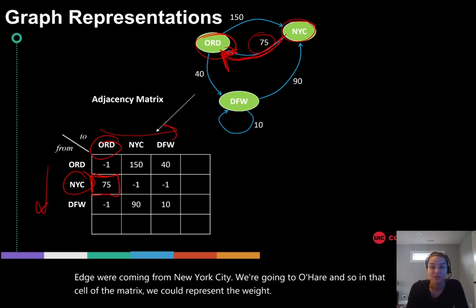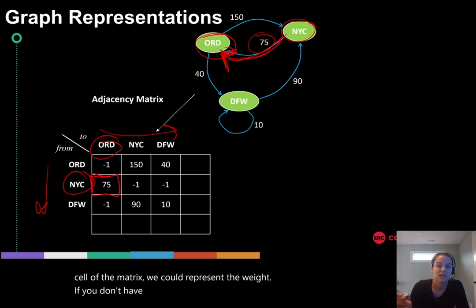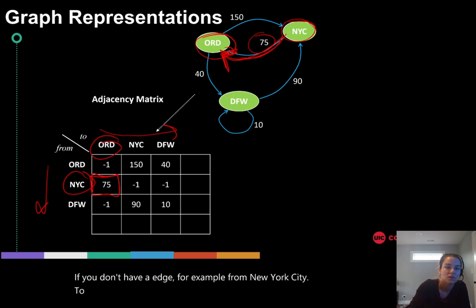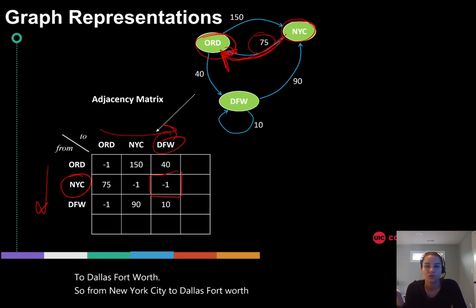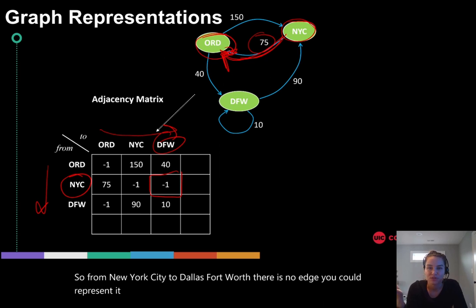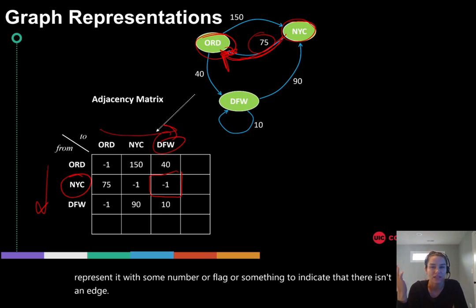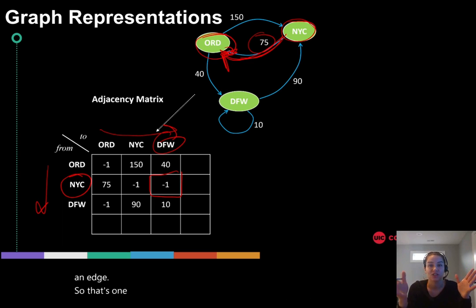If you don't have an edge, like for example from New York City to Dallas-Fort Worth, there is no edge. You could represent it with some number or flag to indicate that there isn't an edge. So that's one idea, a full matrix that has all possibilities.